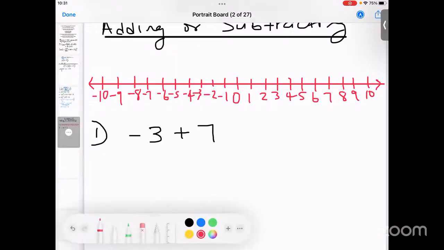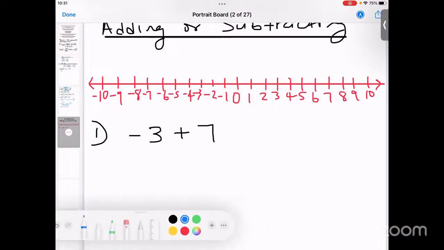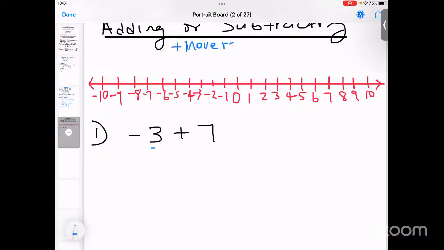So if you are given this and they want you to calculate it or work it out, you are starting from -3 and then positive would mean you move towards the right of a number line. So if it's a positive, you move towards the right. If it's a negative, you move towards the left.